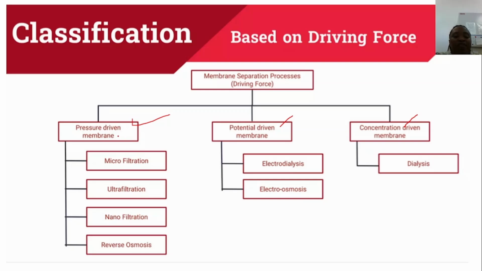The main ones are the pressure-driven, where we have microfiltration, ultrafiltration, nanofiltration, and reverse osmosis. Potential driven, we have electrodialysis and electroosmosis. We have concentration driven, where we do dialysis.